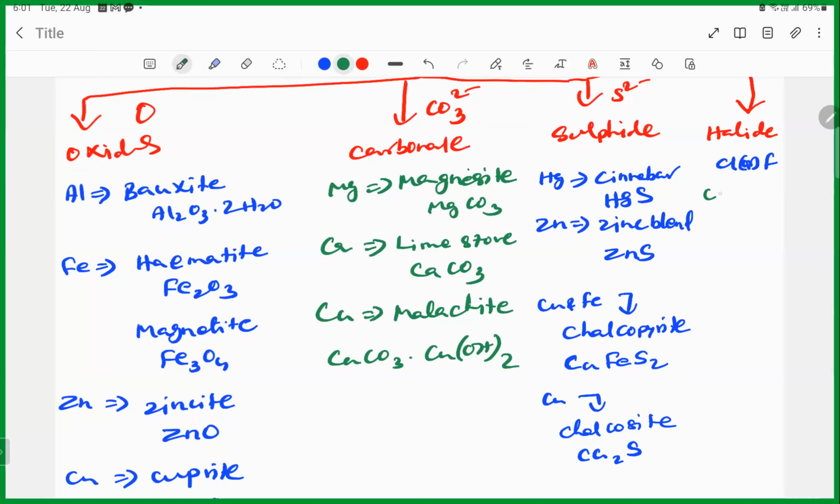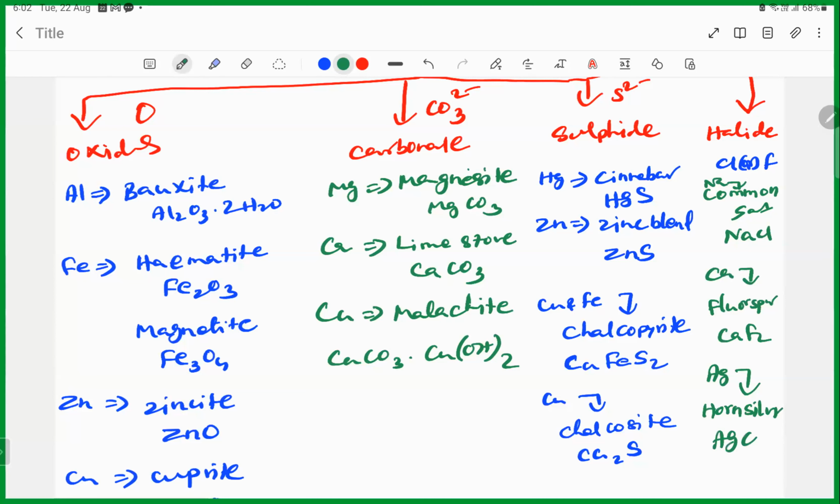Salt water, sea water, salt. Sodium chloride, it's a source for sodium. Next, calcium. Calcium will be fluorospar, calcium fluoride. And then silver, it's horn silver. It's AgCl.